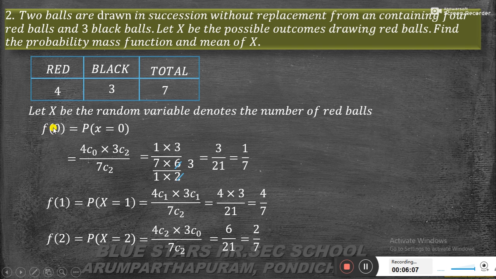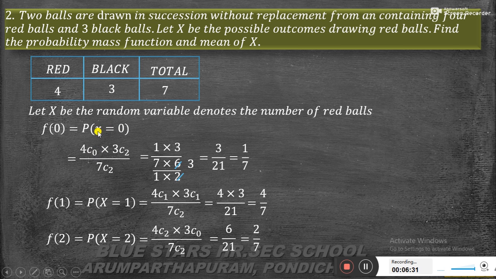First we write f of 0. F of 0 means the probability of x equal to 0. Total red balls are 4 and black balls are 3. So f of 0 means the probability that x equals 0, that is, no red ball.